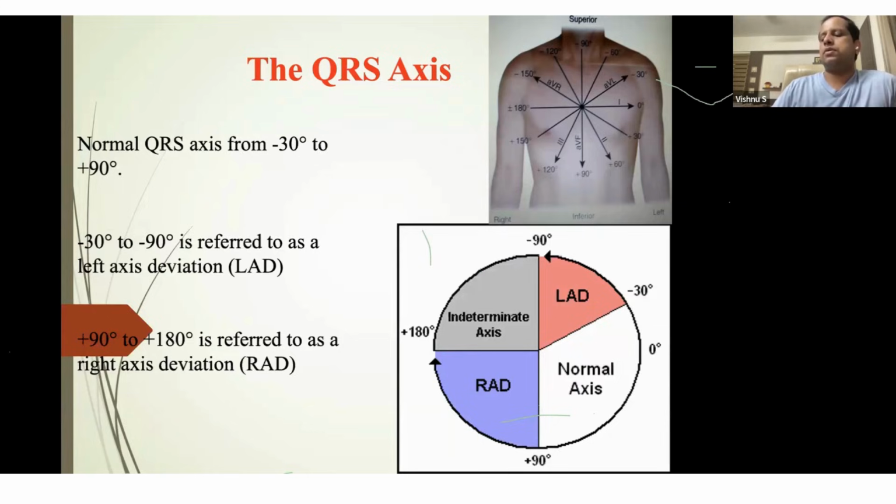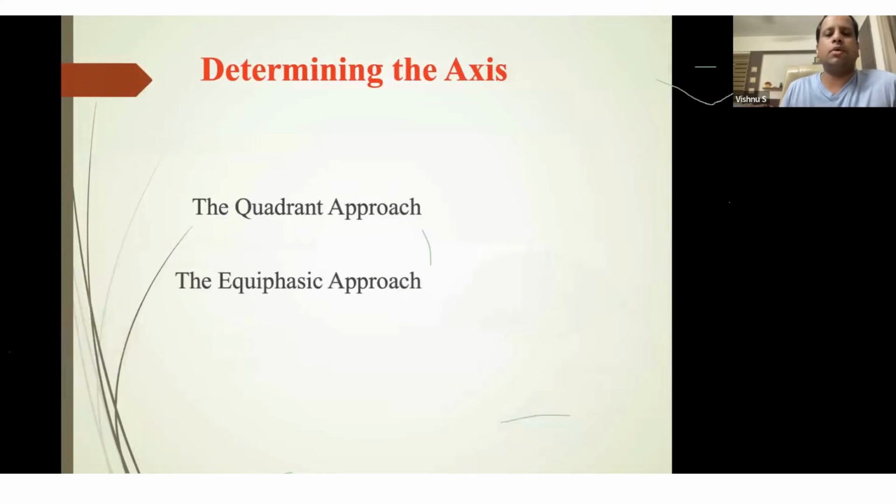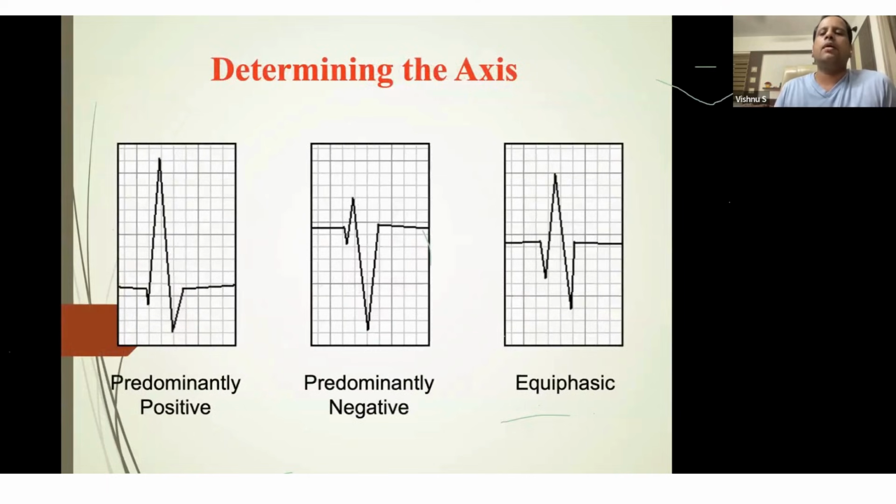The criteria for fascicular blocks is also based on left axis and right axis deviation. So this is clinical importance, and in congenital disease this QRS axis is also important. I don't think axis determination is very important in day-to-day clinical practice, but this is the easiest method we use to find out.